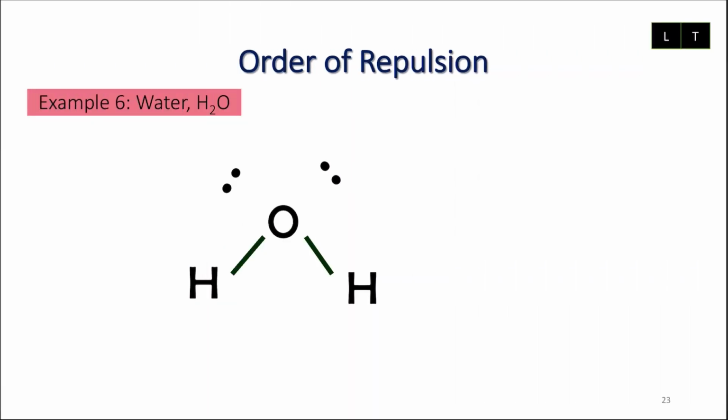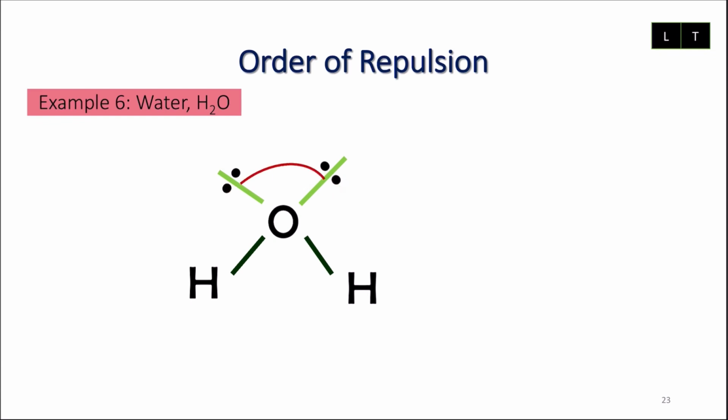We take water as our example. You can see that this is the molecular geometry for water. We have O, the oxygen atom, attached to two hydrogen atoms, and oxygen also has two lone pairs. So we can see that there is repulsive force between lone pairs and lone pairs.